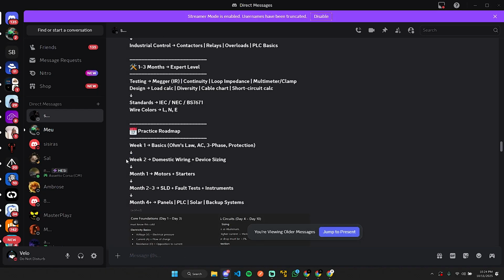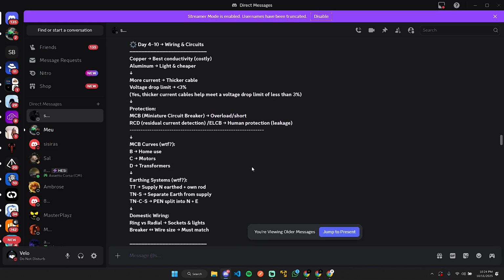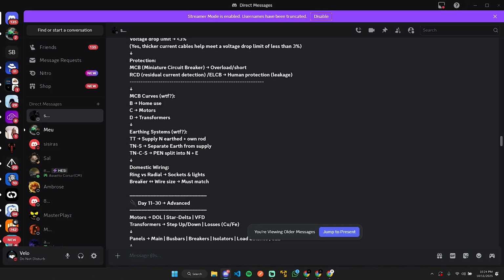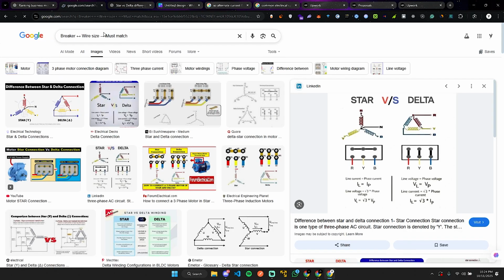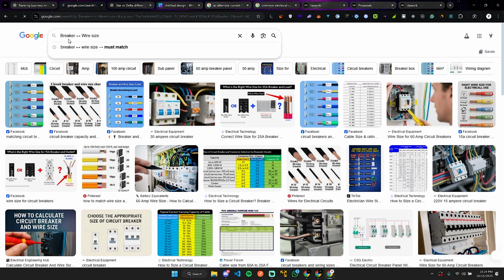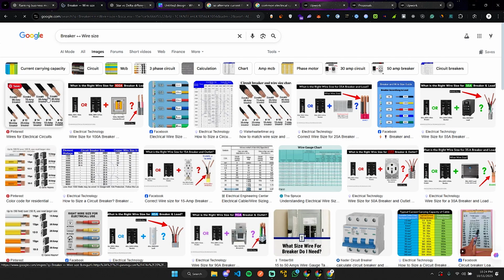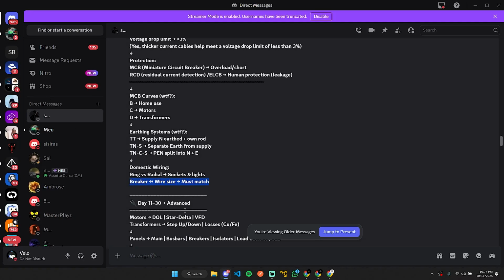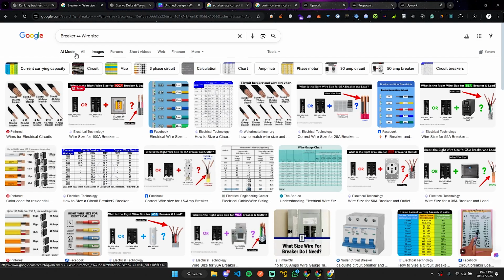Alright, domestic wiring plus device sizing. So for domestic wiring, breaker and wire size must match. So we have the MCB and the RCD, right? So the residual current device, or the residual current detection as I call it, and the MCB, which is a miniature circuit breaker. So all of them have wires which have to match the size of electricity that flows, I believe.